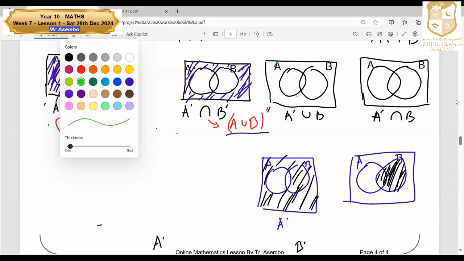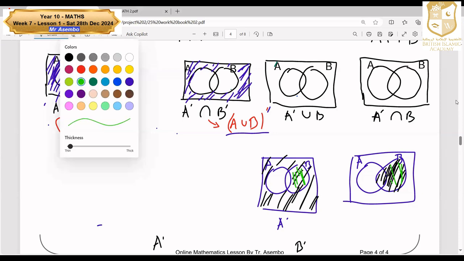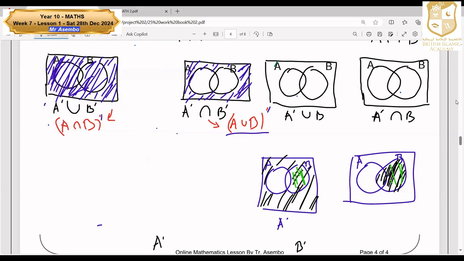Remember, for intersection it has to be in A complement and in B, appearing both sides. So it's only this part which is appearing here and which is again shaded here. So our required part, we have found it. This part is the only required part for that two-set problem.